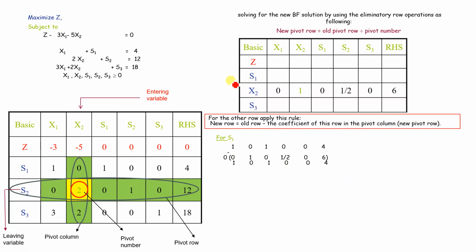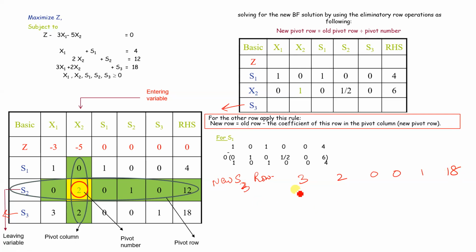So let's find out the new row for S3. Again, follow the instructions. New S3 row is equal to the old row. Let's write the old S3 row: that is 3, 2, 0, 0, 1 and 18.